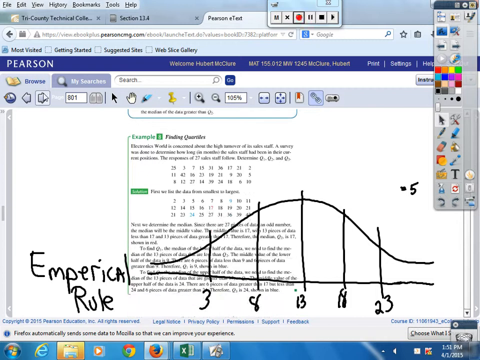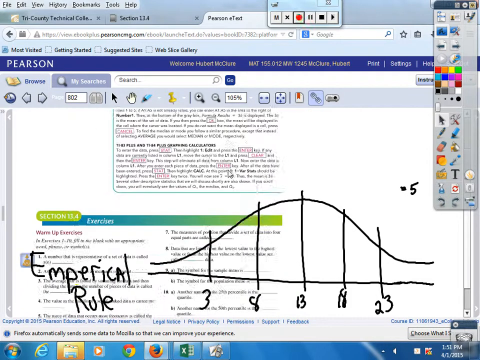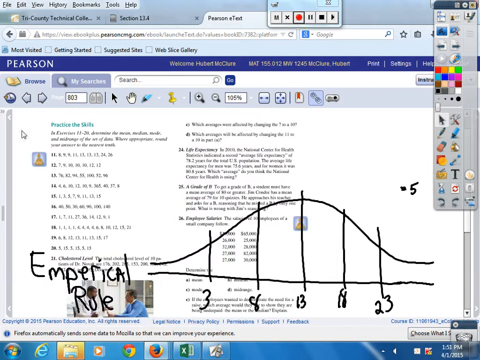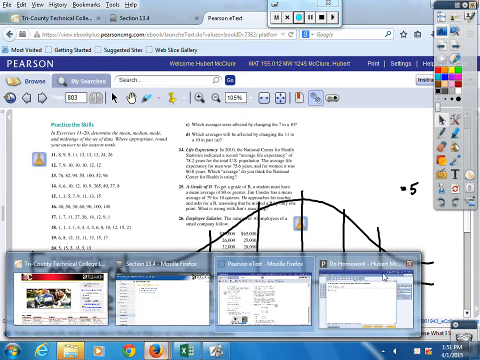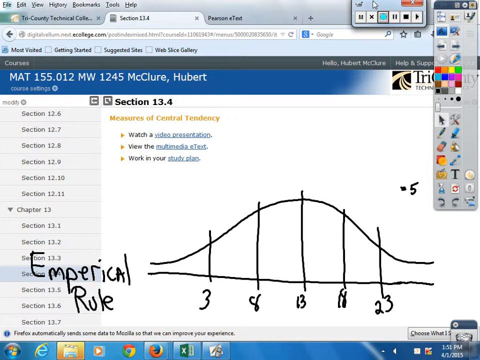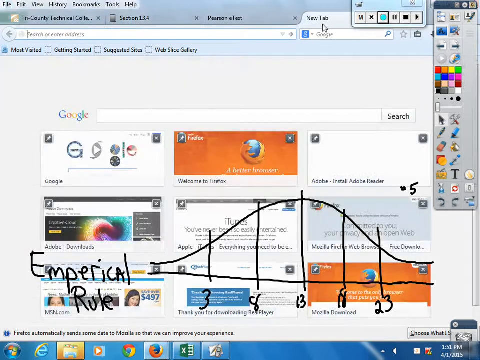I don't know why they're not calling it the empirical rule, but they're not. Let me just Google it. You said normal distribution? Yeah, the curve.